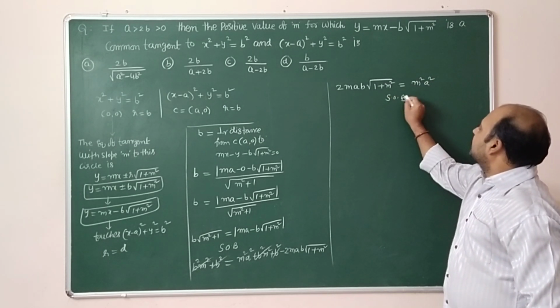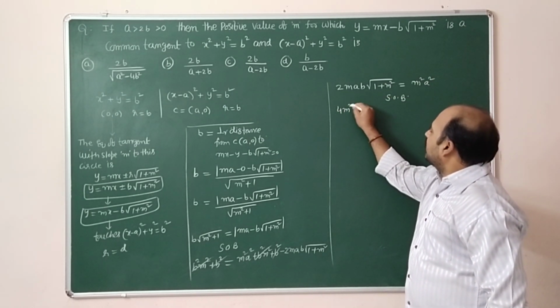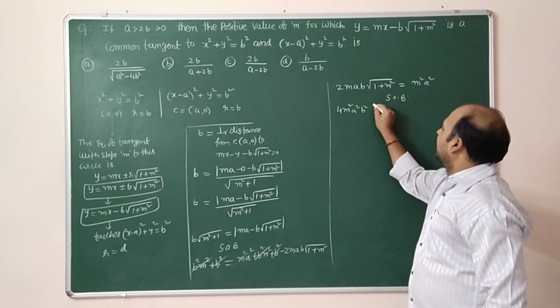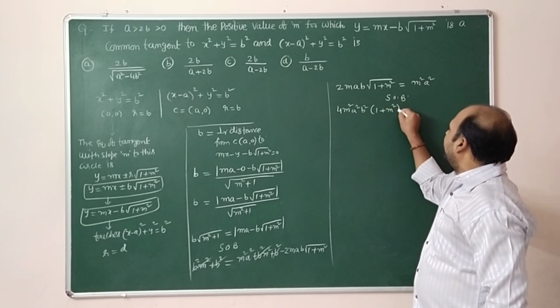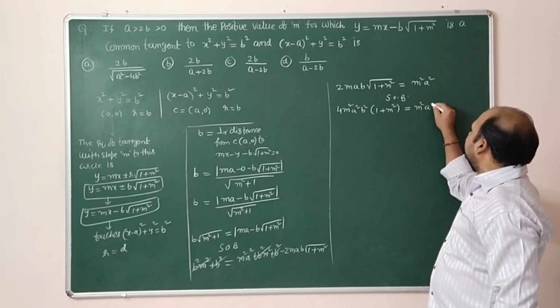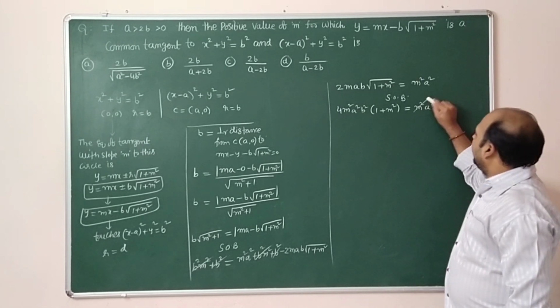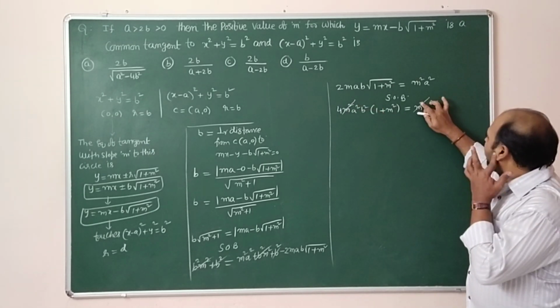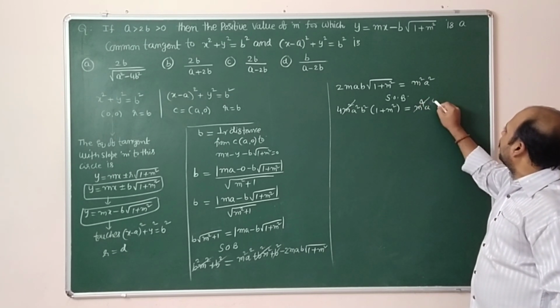Squaring on both sides: 4m square a square b square into 1 plus m square is equal to m square a square. Sorry, here m power 4 and a power 4 will come now.